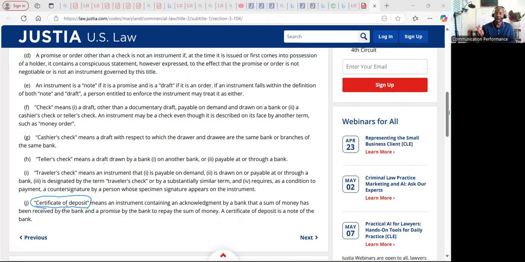So, but if you put the definition of a promissory note at 9-102 of the Uniform Commercial Code, right, your state law, parallel with certificate of deposit from 3-104, right, of the commercial code in your state, you'll see that they are two sides of the same coin, right?